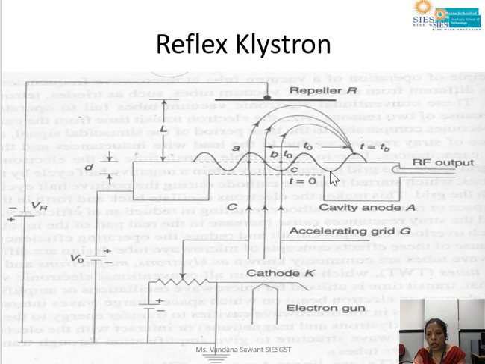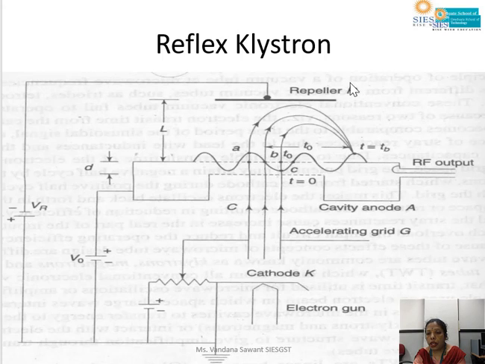This is the cathode, this is the accelerating grid, this is the anode. Along with this cavity, there is another electrode present, called a repeller. It is placed at some distance from this cavity, and the distance between the cavity and the repeller is called the repeller space.